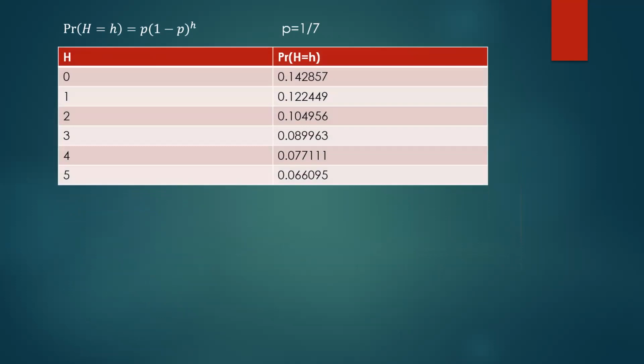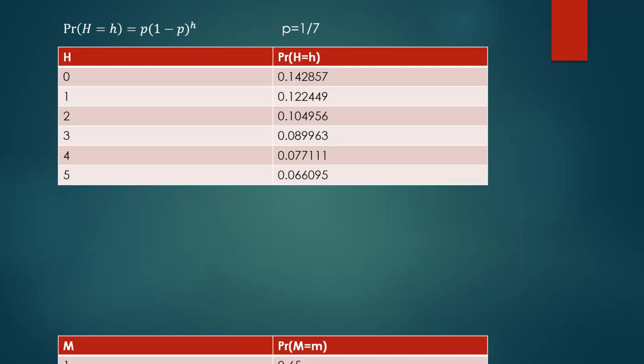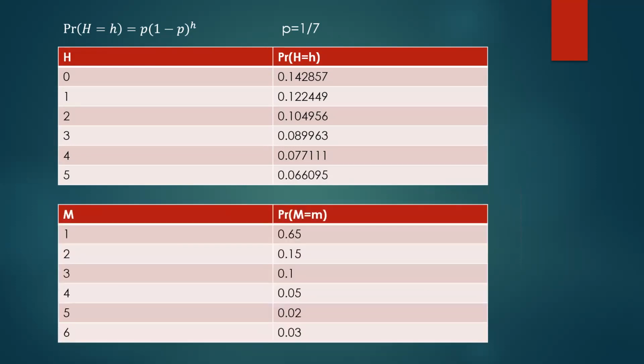After that, we can compute for hurricanes from 0 to 5, because we just need to find the probability of M less than 6, which only results from hurricanes fewer than 6. And the probability of landfalls given in the question, I just list out here.